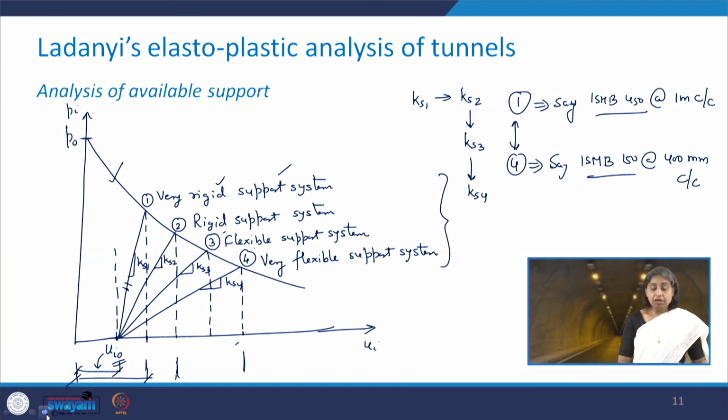The question still remains unanswered, that is how to determine the stiffness of the support system. So, we will try to explore this question's answer in the next class with the help of support systems such as shotcrete and steel sets.